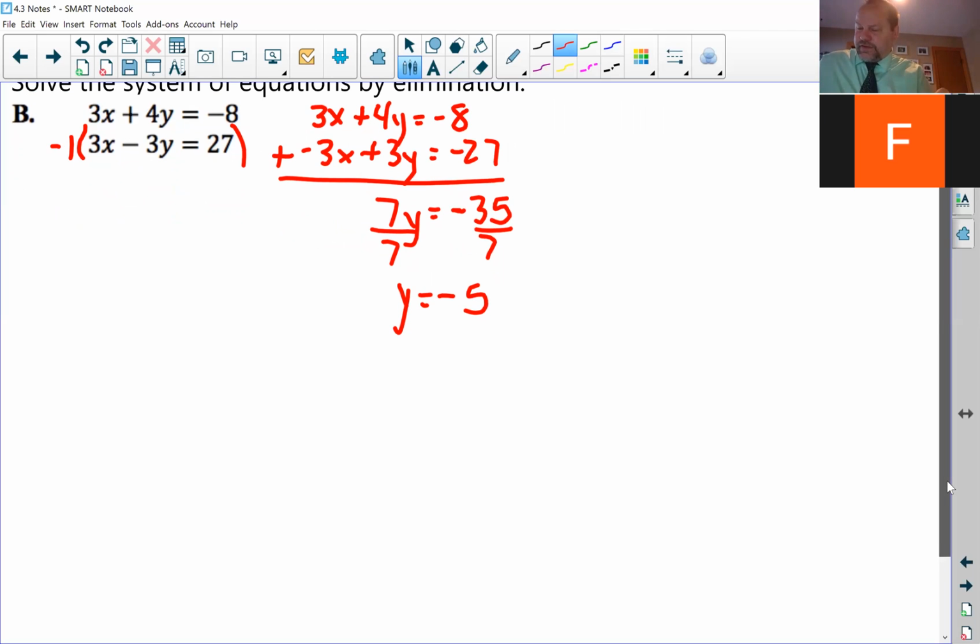We can plug that value in to either equation and solve for x.